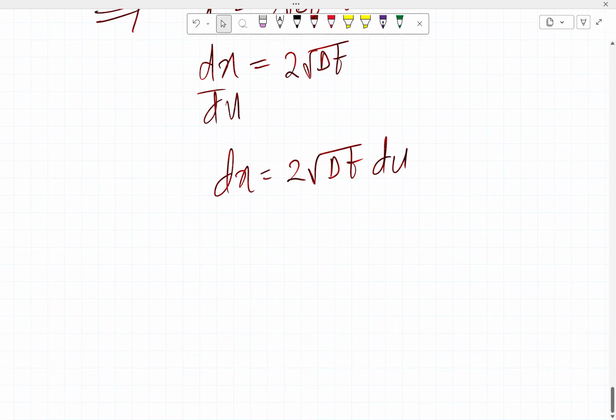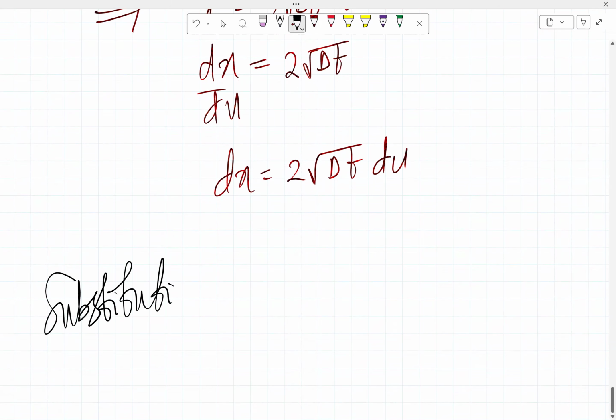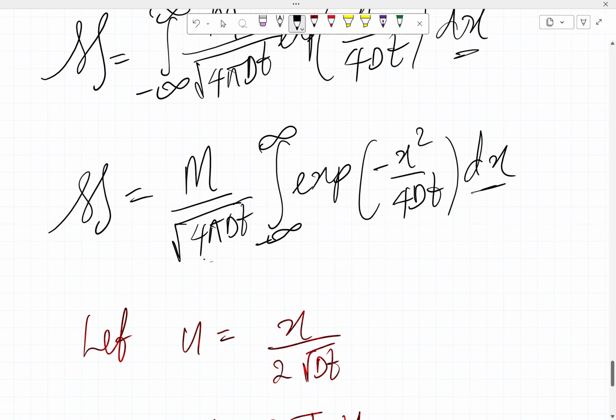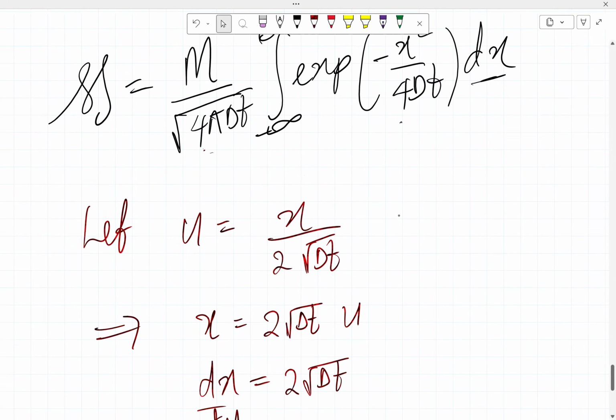So substituting then, we've fixed this now. For dx, we put 2 square root of dt du. So we put that here, and then we have already made a substitution here.